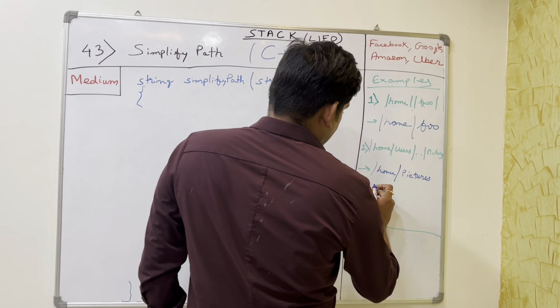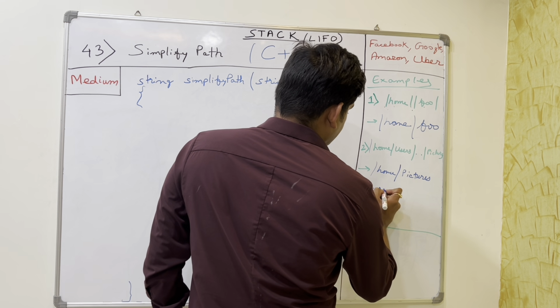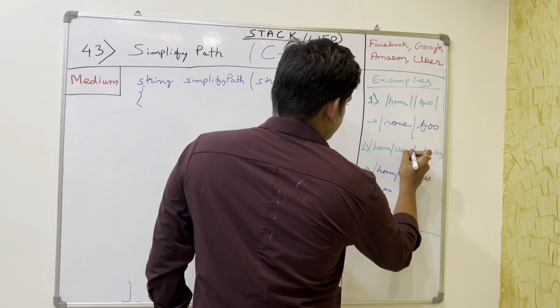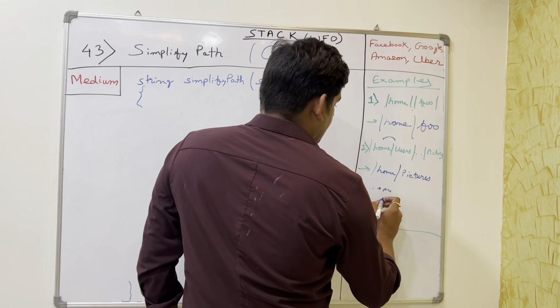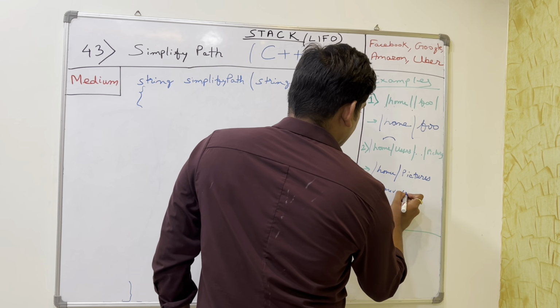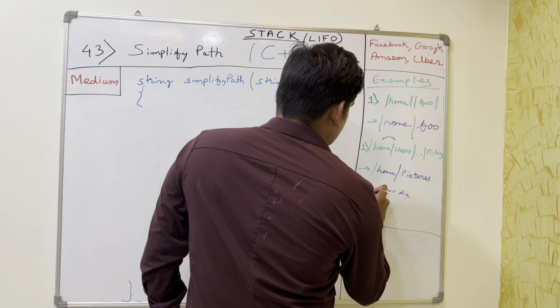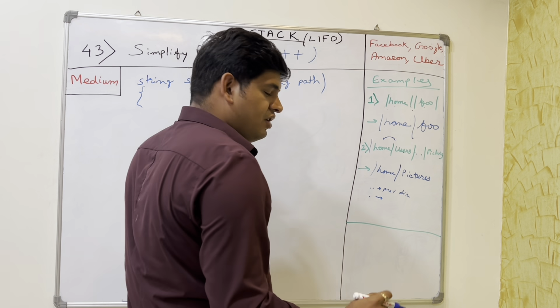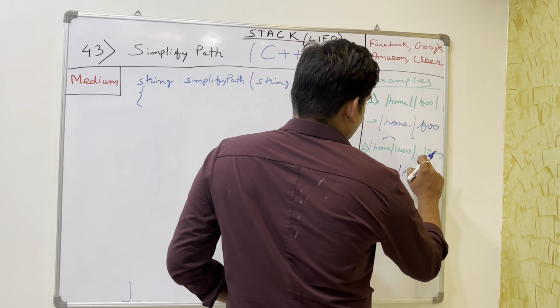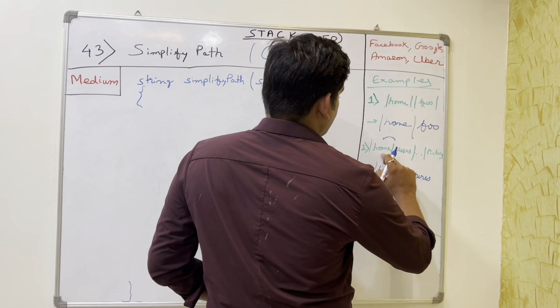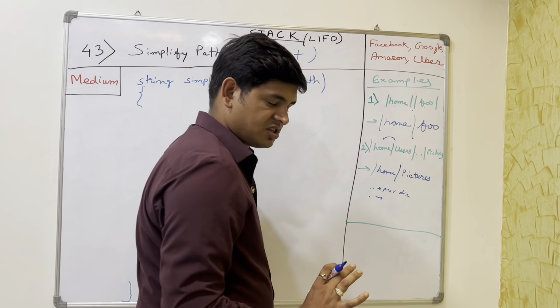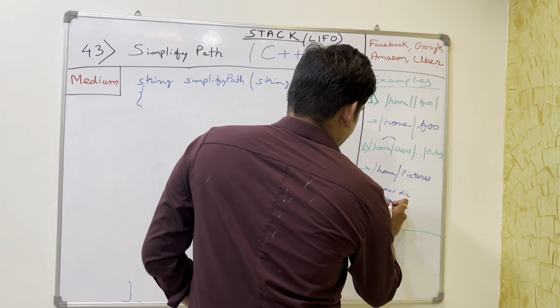So we need to know that a double dot means the previous directory. From users we went to home, the previous directory, right? And if there is a single dot, that means we stay in the current directory. So if there was a single dot here, then the path would be slash home slash users slash pictures, the same directory.